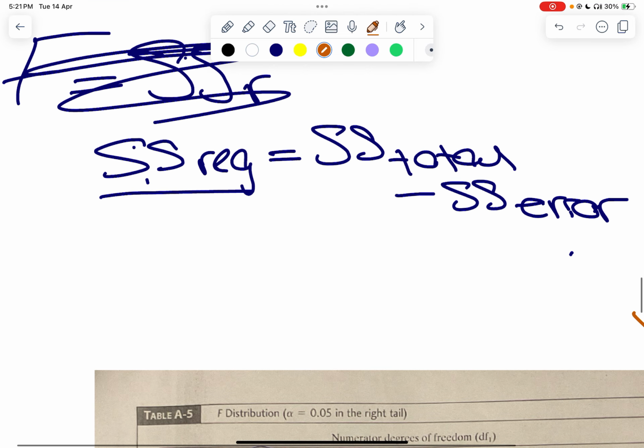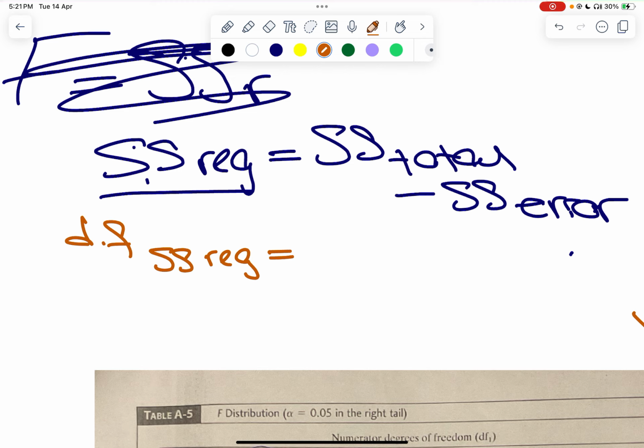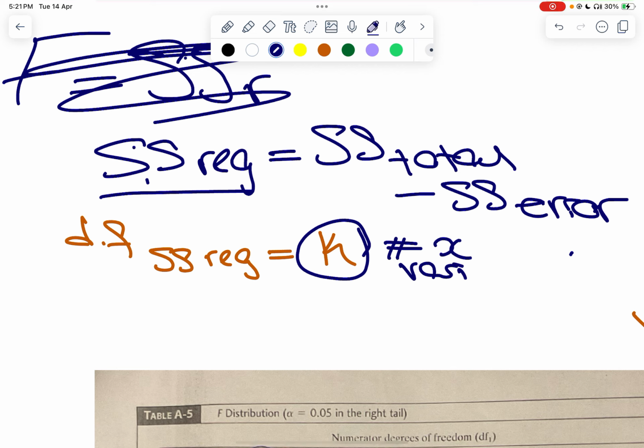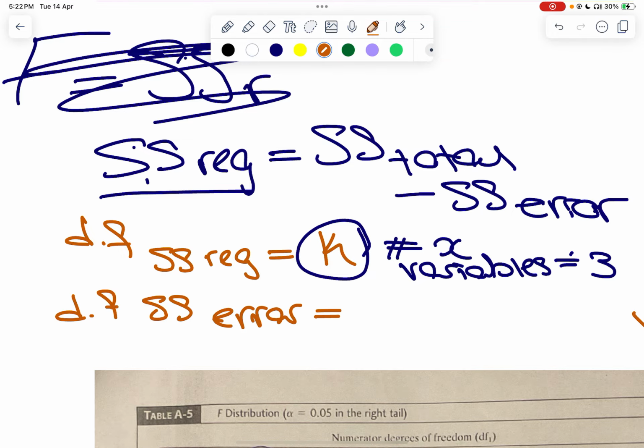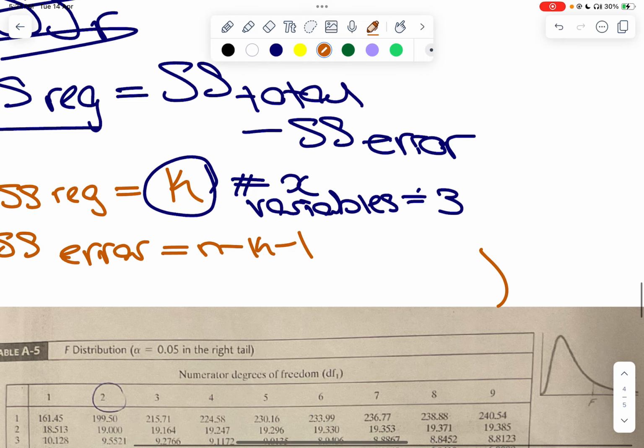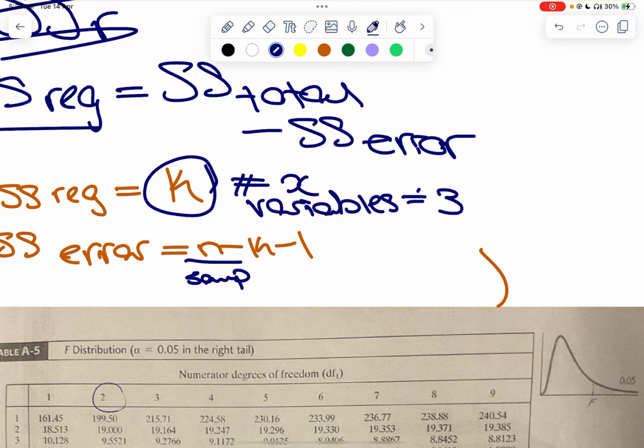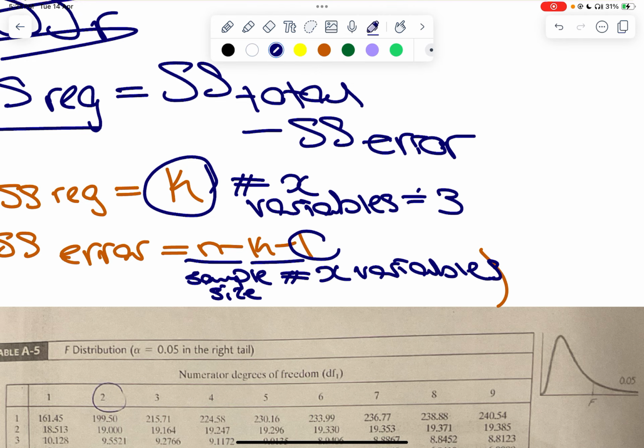So how do you get the degrees of freedom of SS regression? df SS regression is equal to k, and k is the number of x variables, which we said was 3. And the degrees of freedom of SS error is equal to n minus k minus 1, where n is our sample size, k is the number of x variables, and minus 1 is just there.